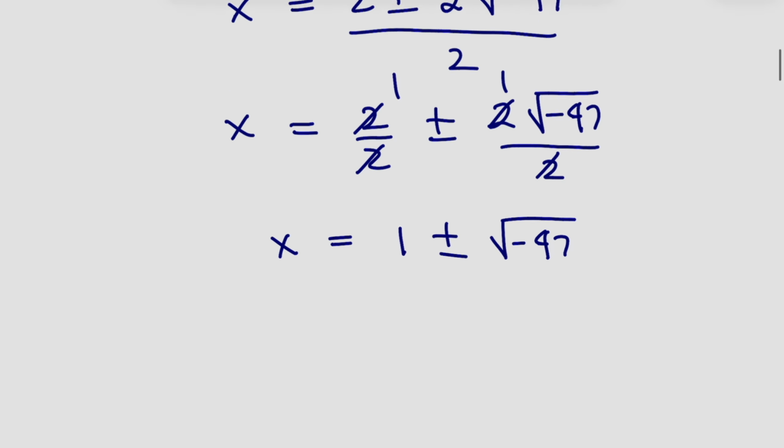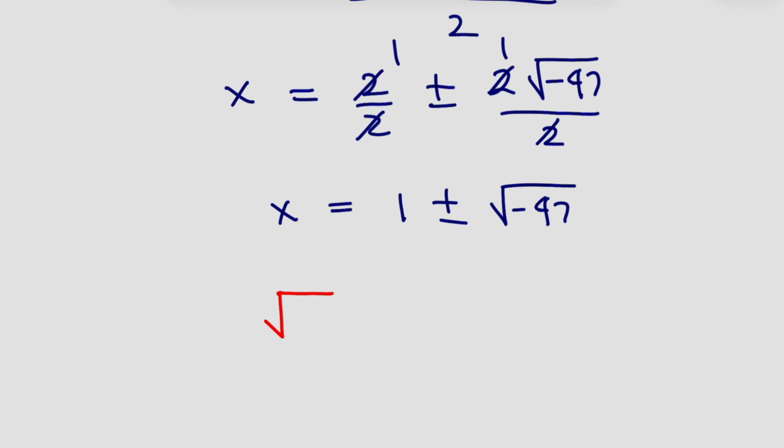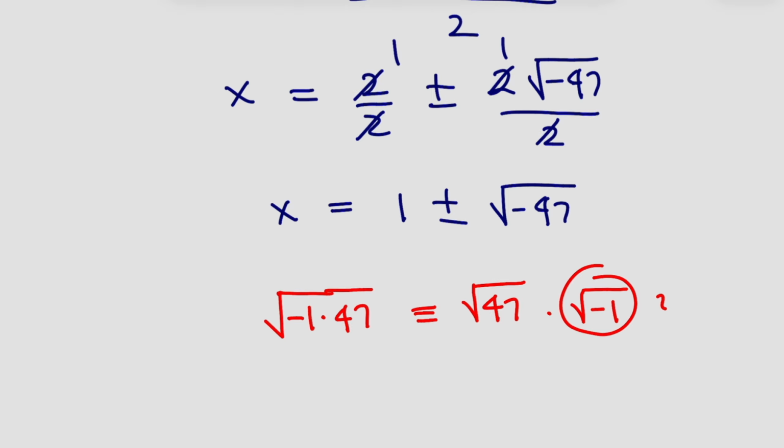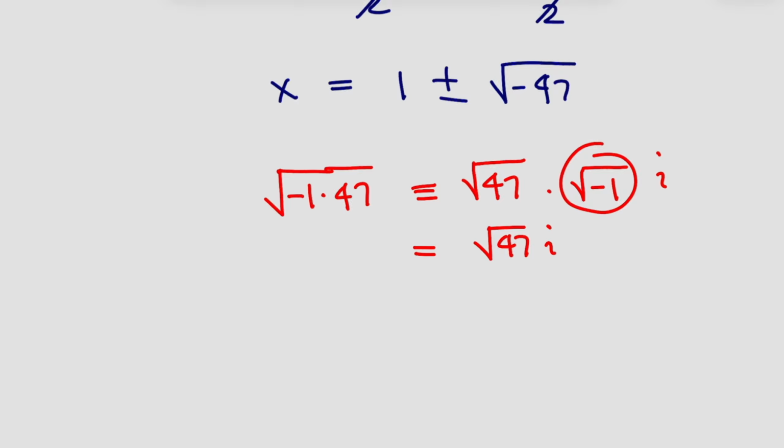In the square root, negative 1 times 47, which is equivalent to square root of 47 times square root of negative 1. Square root of negative 1 is simply i, and then it means this is equal to root 47 i. Therefore, x is equal to 1 plus or minus root 47 i.